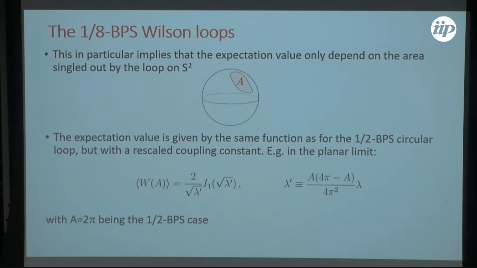Because 2D Yang-Mills is invariant under area-preserving diffeomorphism, this localization map implies that the Wilson loop expectation value only depends on the area of these loops and not on the precise shape. In particular, for any arbitrary operator of this kind, the expectation value is just given by the same Bessel function that you have for the half BPS Wilson loop, but with a rescaled coupling constant, where the rescaling depends on the area of the loop that you choose. In these conventions, the half BPS Wilson loop would correspond to A equal 2 pi. That's an equator, and the area is half of the sphere.